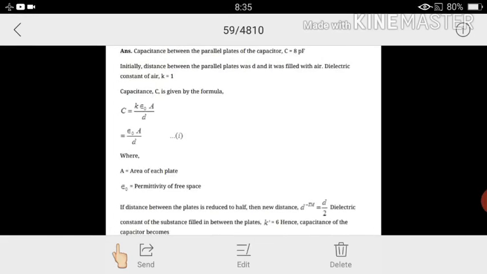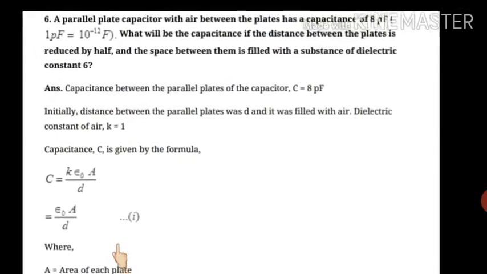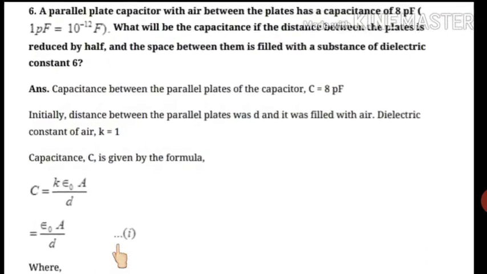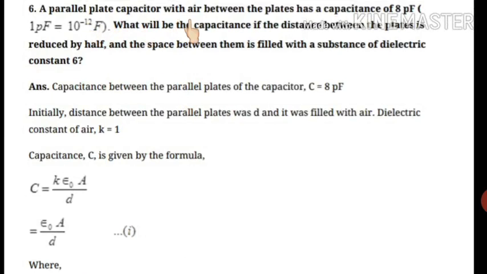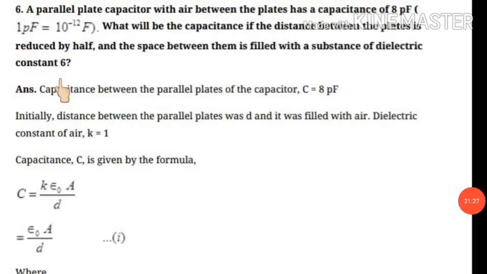Okay, now next we have this. A parallel plate capacitor with air between the plates has a capacitance of 8 picofarad. The value of capacitance is given. What will be the capacitance if the distance between the plates is reduced by half and the space between them is filled with a substance of dielectric constant 6?